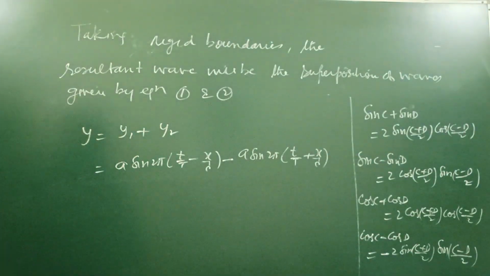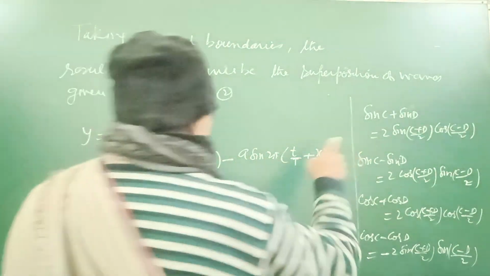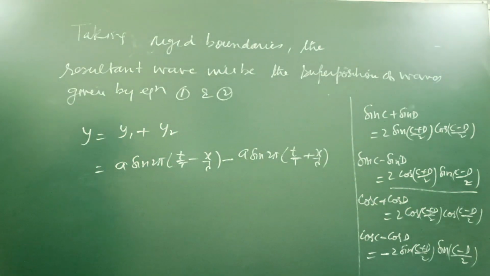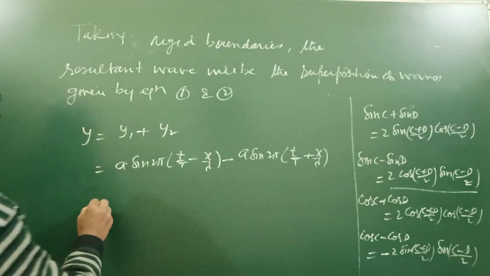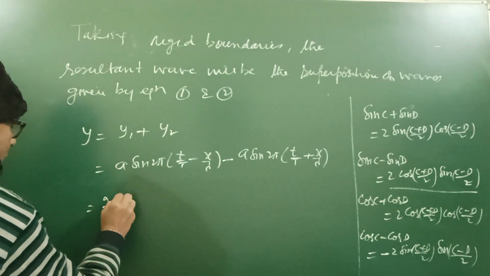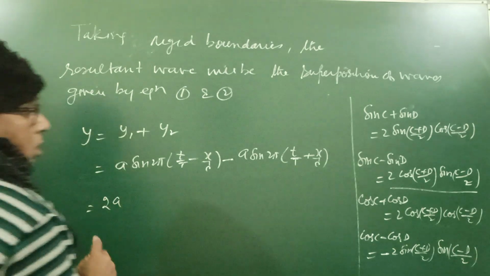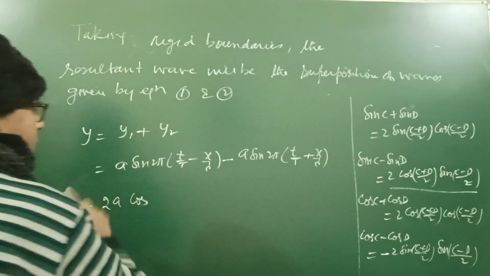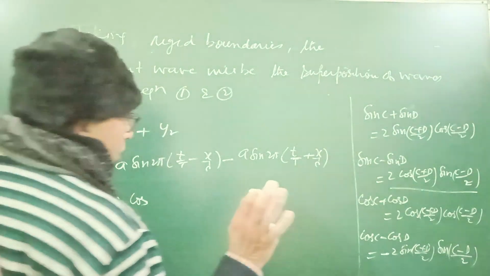So here the formula will be sine C minus sine D. How to write the equation now? 2a will be common, 2a cos of (C plus D) by 2.